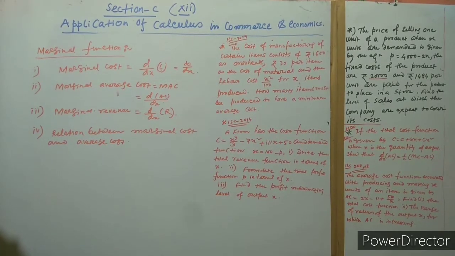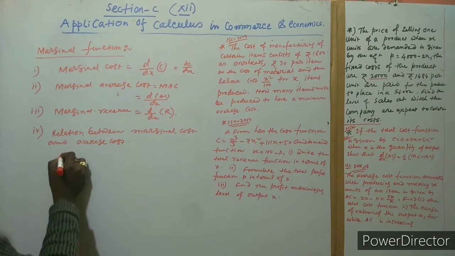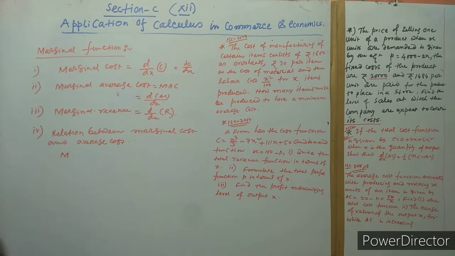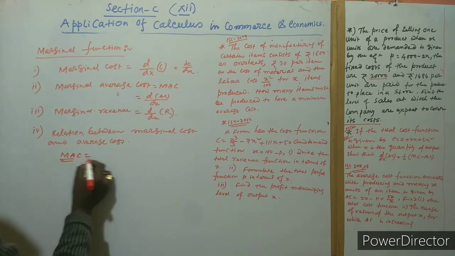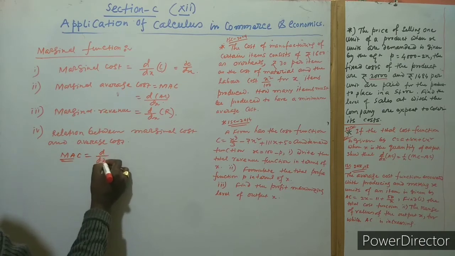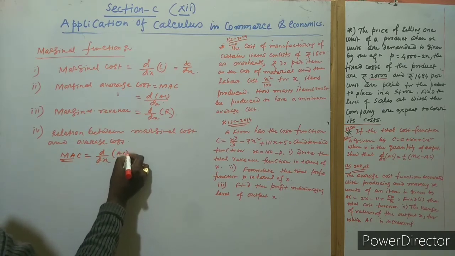Okay, so the relation between the marginal cost and average cost. The marginal average cost is the derivative of average cost.